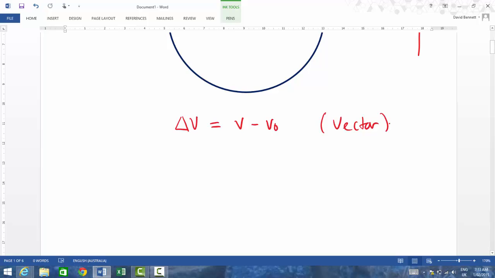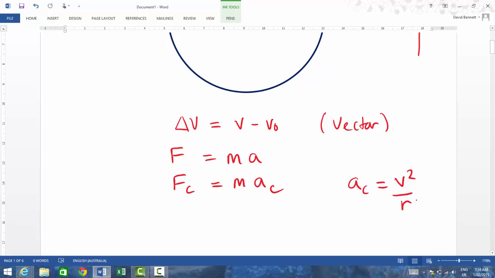Now, if we were going to look at the force, force is equal to mass times by acceleration. If we're talking about our centripetal force, it's equal to the mass times by the centripetal acceleration. Now, centripetal acceleration is equal to v squared over r.